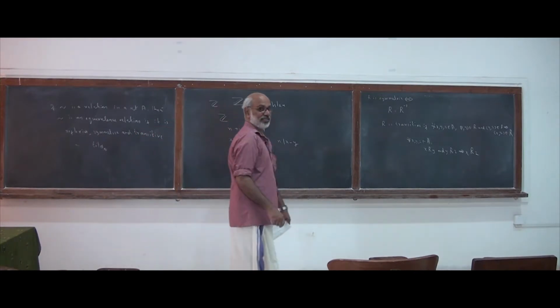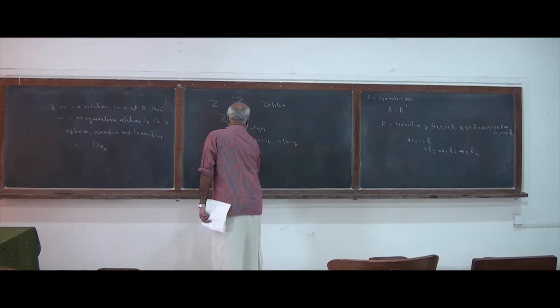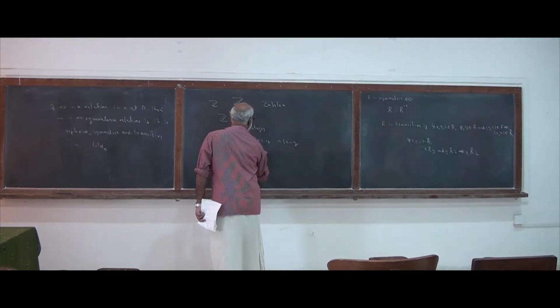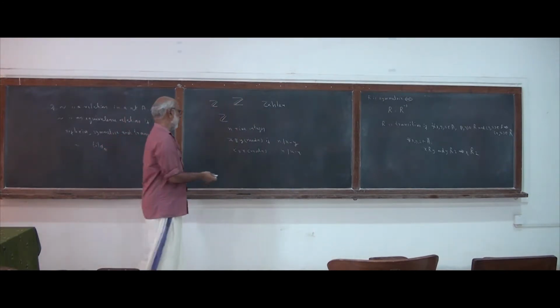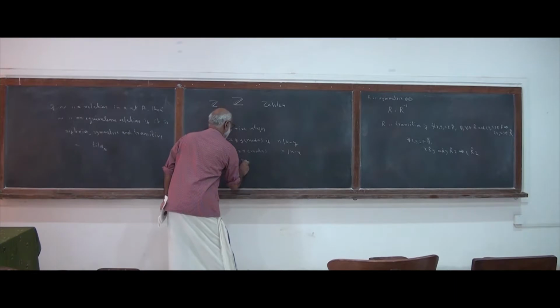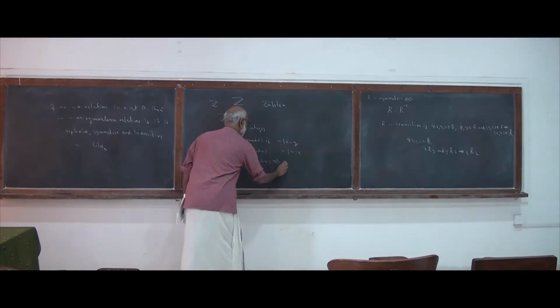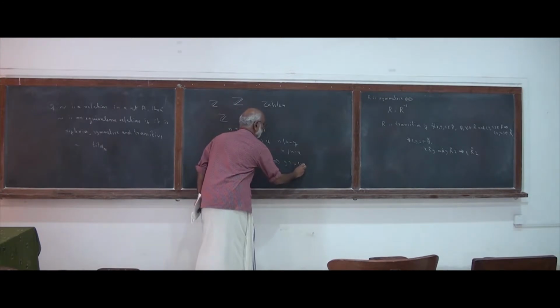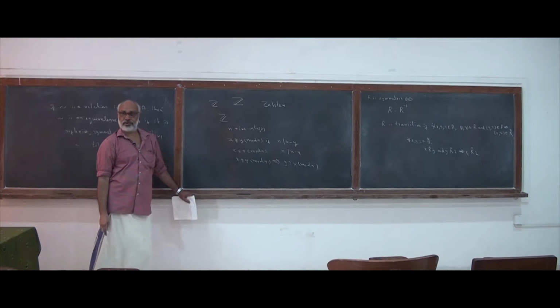Now this relation is reflexive because x is congruent to x mod n. Why? Because n divides x minus x. x minus x is 0. n divides 0. And x congruent to y mod n implies that y congruent to x mod n. Why? When n divides x minus y, n also divides y minus x.